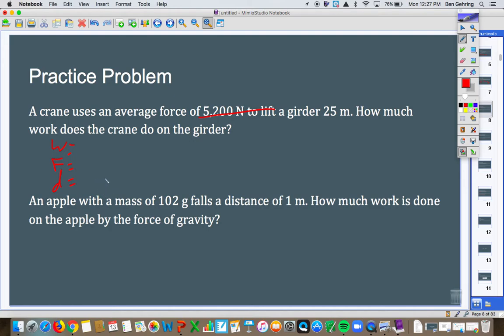Our force is going to be 5,200 newtons. My distance is 25 meters. And I'm looking for my work.